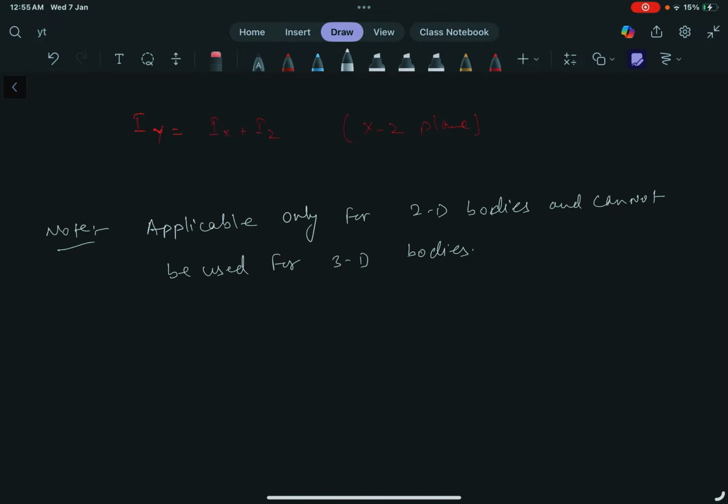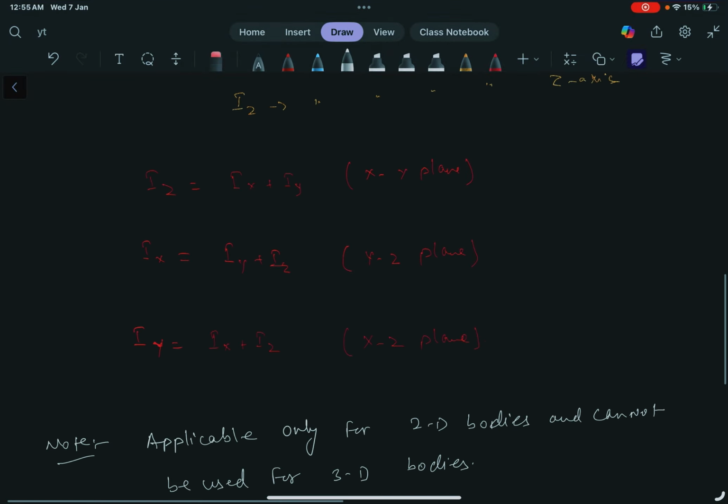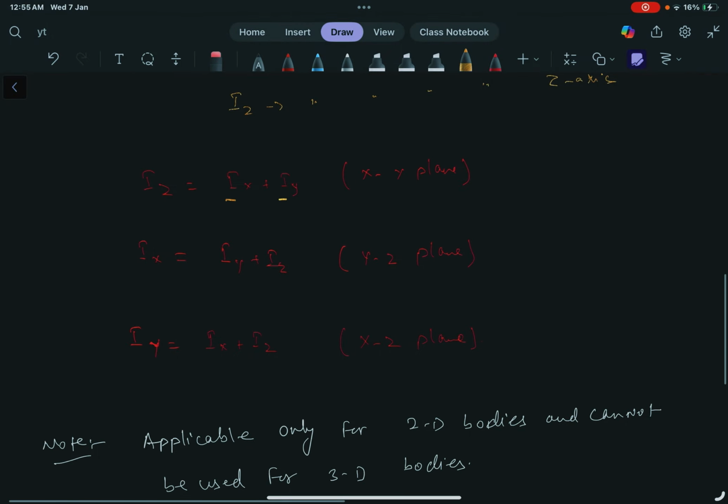The problem is that in this theorem, we must know the moment of inertia about at least two axes, then only we get the moment of inertia about the third. We'll discuss some numerical problems further, so that you understand very easily what is going on in this part.